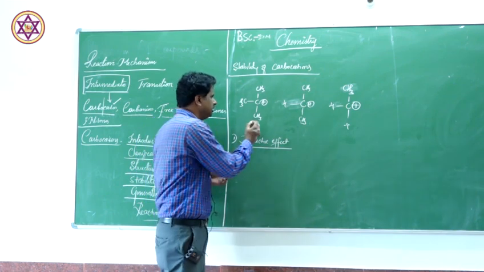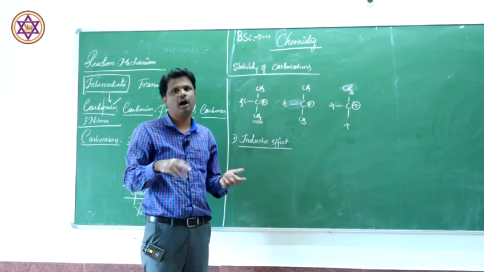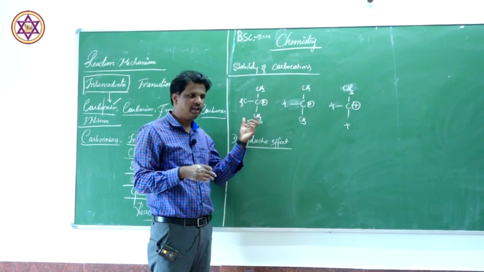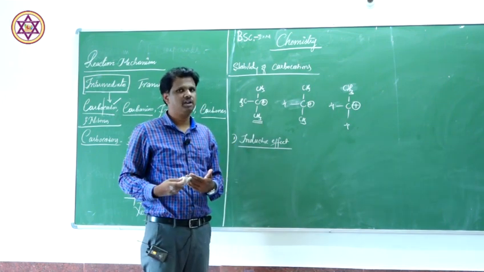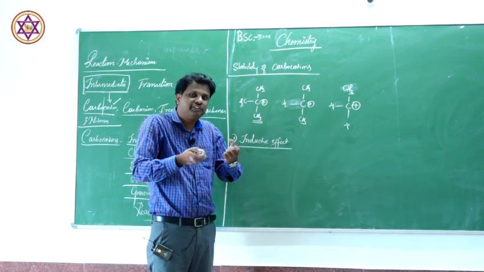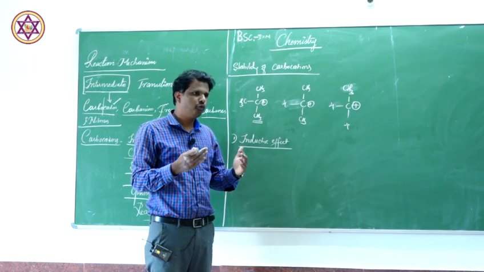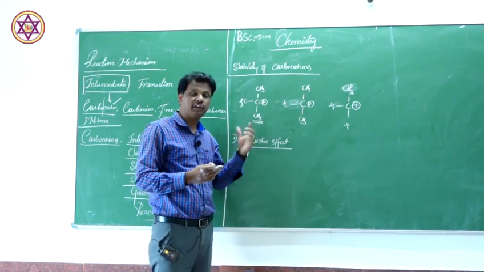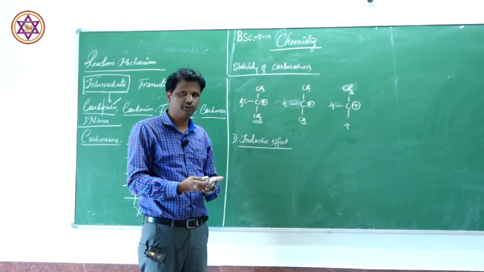Let us assume that I have not written a methyl group here, I have simply written an R group. If this R group attached to the carbocation intensifies the positive charge, it is destabilizing it. If it is decreasing the positive charge, it is stabilizing it. So we can conclude that if the groups attached to carbon are electron donating, they are highly stable in nature. Understood the point?